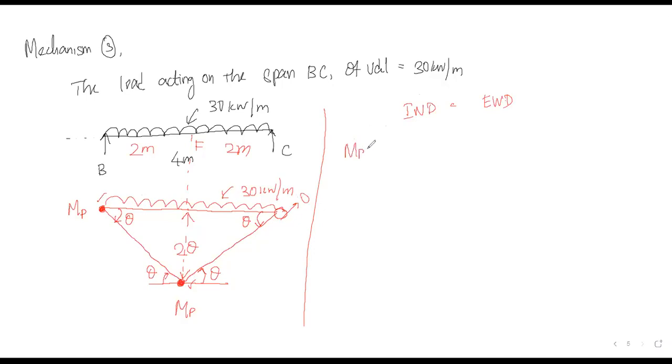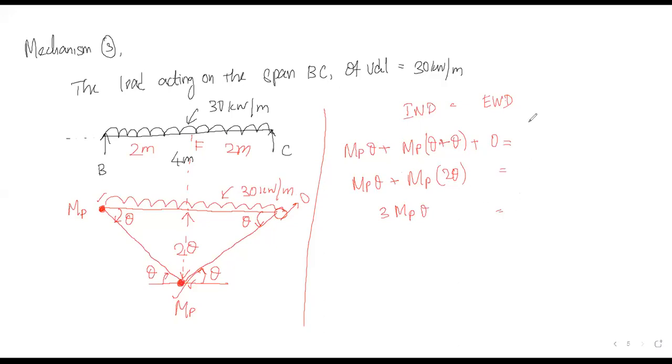So MP into theta plus MP into theta plus theta plus 0. So MP theta plus MP into 2 theta. It becomes 2 MP theta plus MP theta. So 3 MP theta is our internal work done.